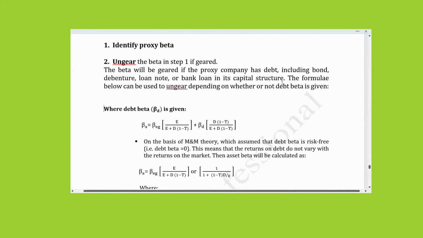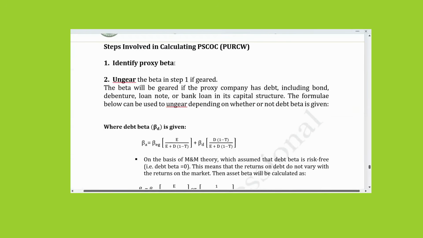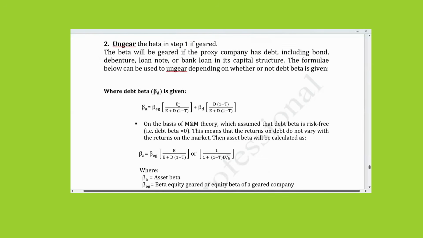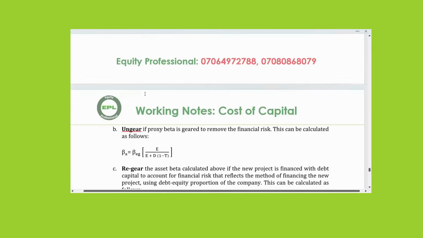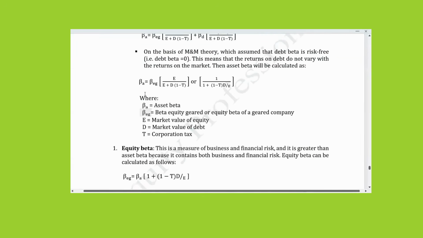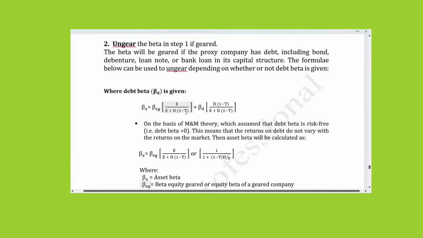So, like I was trying to say, anytime you want to calculate asset beta, that is, you want to ungear the beta you have in step 1, there are 2 different formulas that you can use depending on the information, depending on your choice. You are still going to get the same answer.